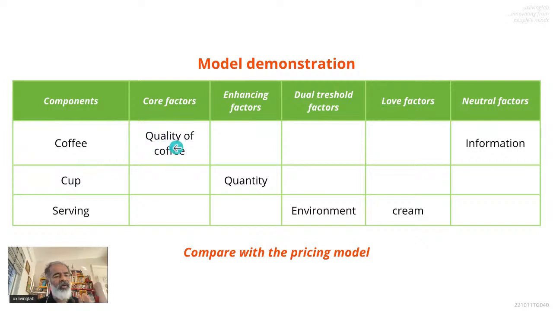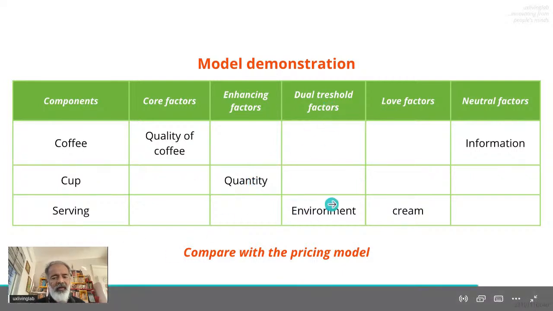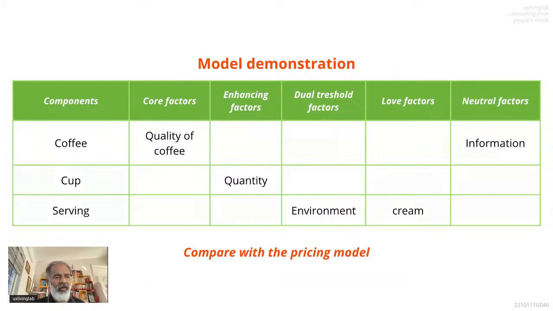Then core factors: quality of coffee. It's a core factor. Then what are the enhancing factors? Quantity can be an enhancing factor. Then dual threshold factors: serving environment. Think about the neatness of the environment, or the premium hotel. The same coffee powder is served in a street restaurant or in a premium hotel, a premium restaurant.